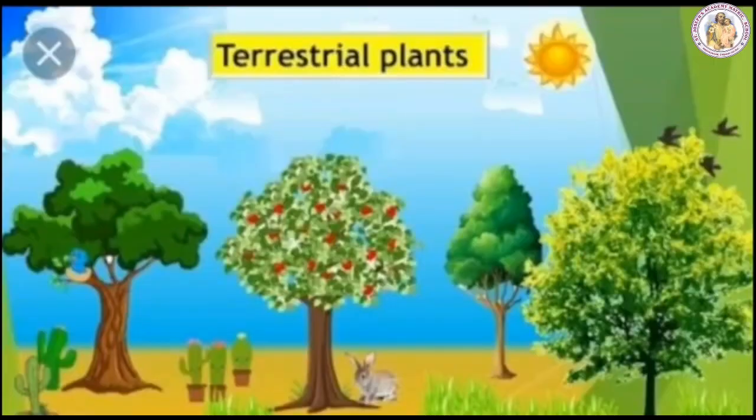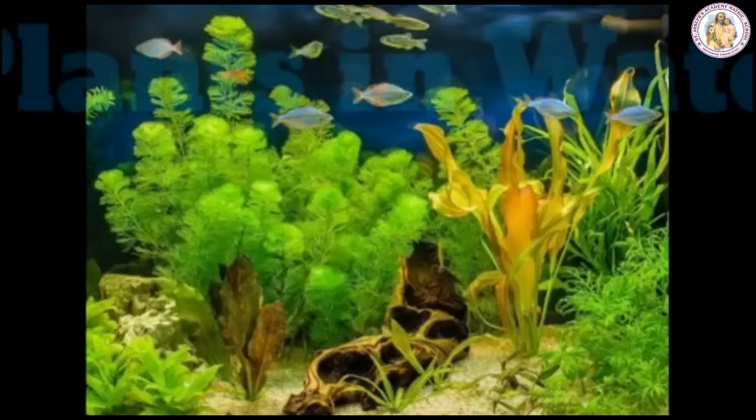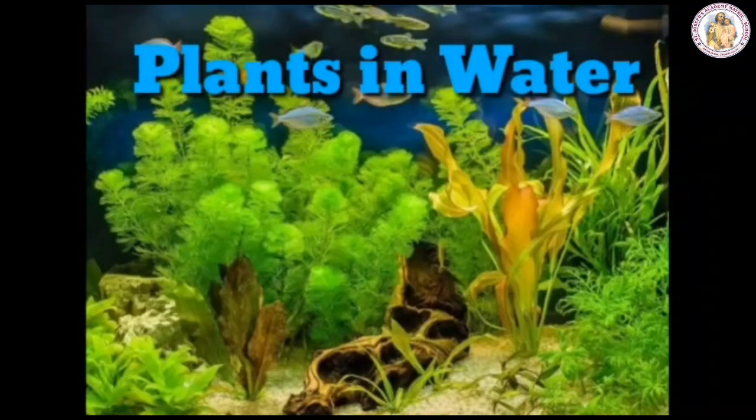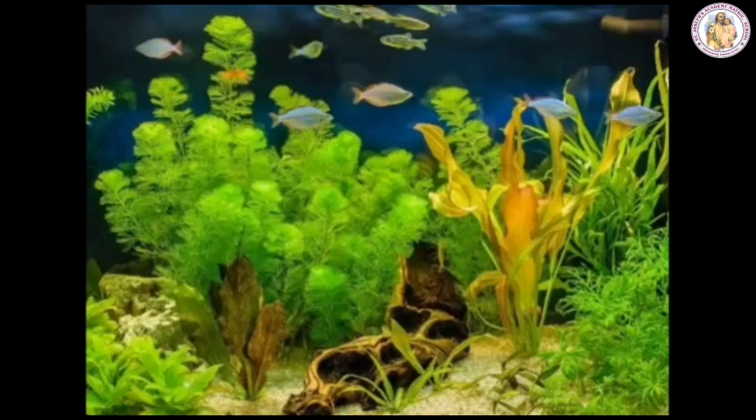Till now, we saw about terrestrial plants. Now, let us see about plants in water. The plants that grow in water bodies like ponds and lakes are called water plants or aquatic plants.